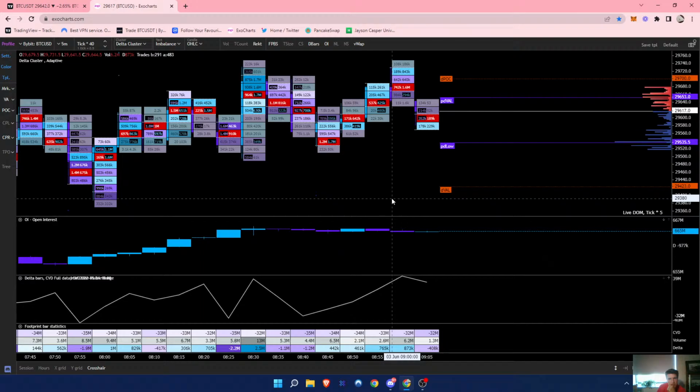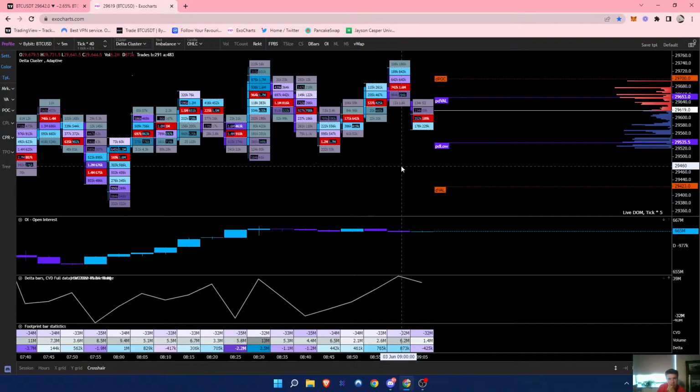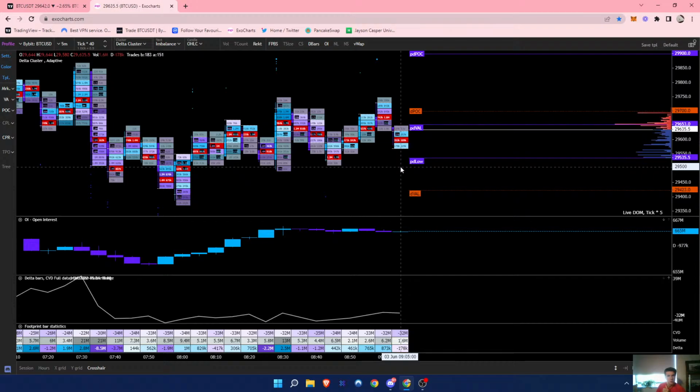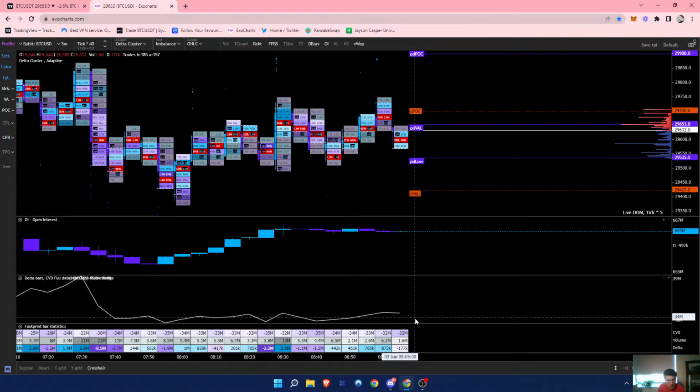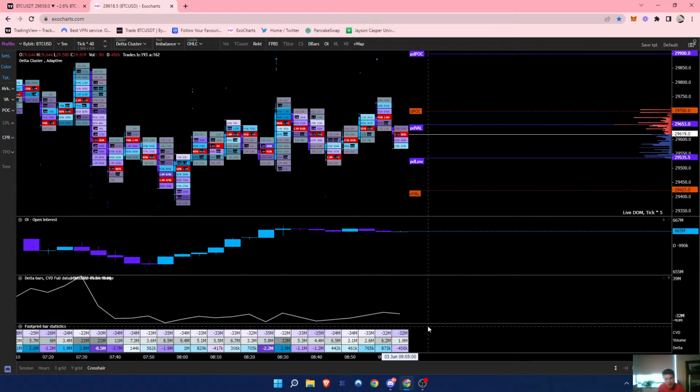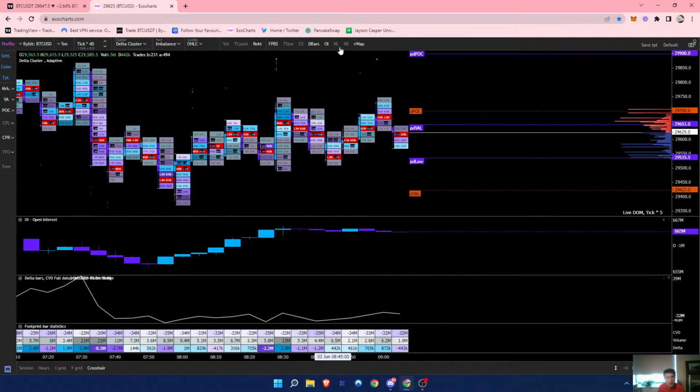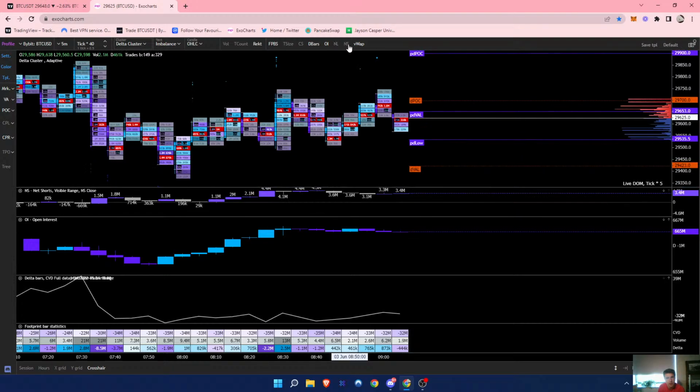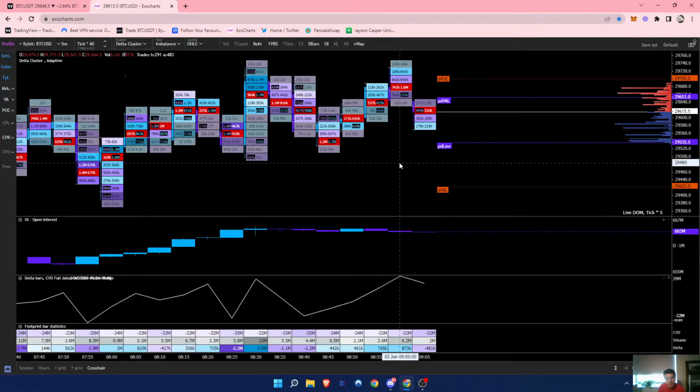Again, I'm still in a bias of taking a long. I want to see CVD going lower, but I don't think we're going to get a sudden drop down in CVD like that. Might not even take a trade. I don't know, it's kind of iffy.